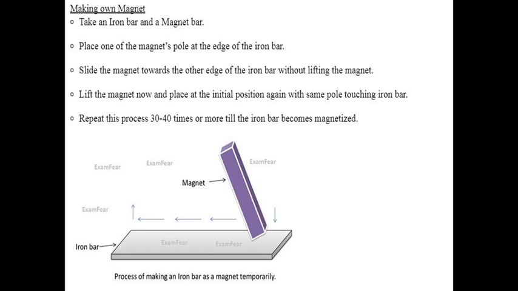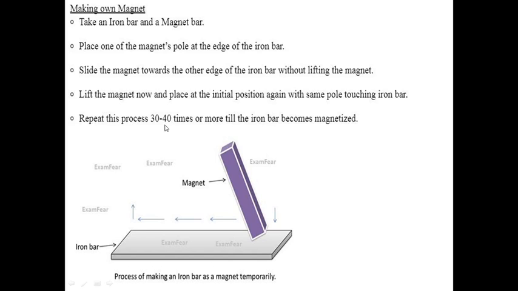You can also make your own magnet. Take an iron bar and a bar magnet, place one of the magnet's poles at the edge of the iron bar, then slide the magnet towards the other edge of the iron bar without lifting it. Then place the magnet again at the initial position with the same pole touching the iron bar.